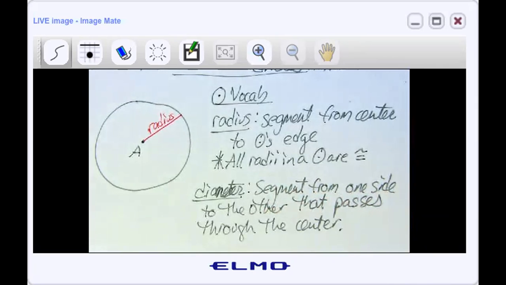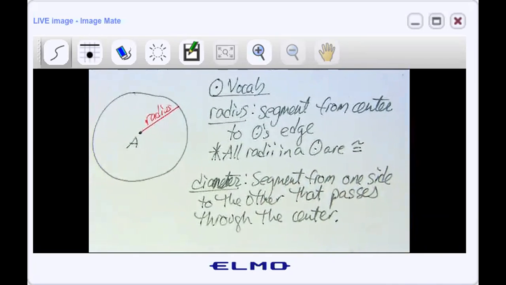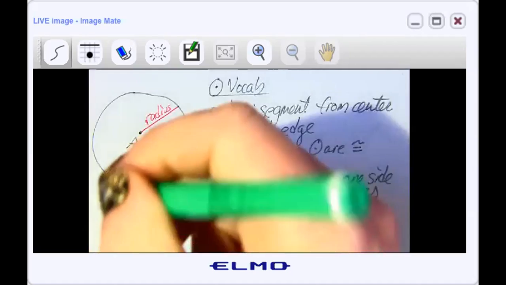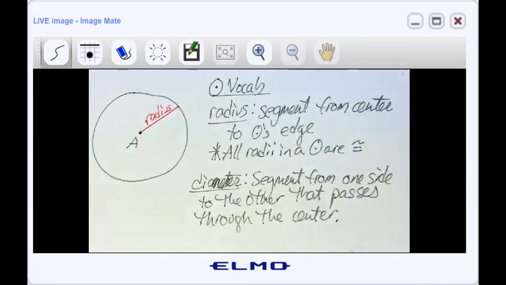If it doesn't, it's not a diameter. It's something else. I wonder if anybody knows what the word is for the other thing. Anybody happen to know what a segment that goes from one side to the other but doesn't pass through the center, what you would call that? What'd you say? But it has a special name in circles.